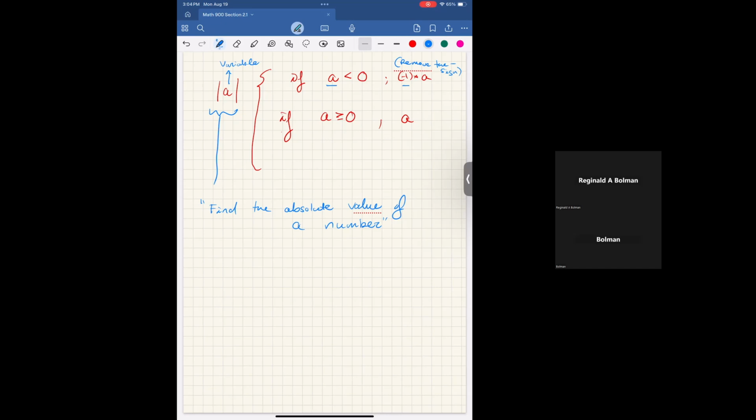And on the other hand, if the value that's between the absolute value bars happens to be greater than or equal to 0, then you're just going to leave it alone. So there's two options. Either the value of A is less than 0, or it's greater than or equal to 0. It can't be anything else.